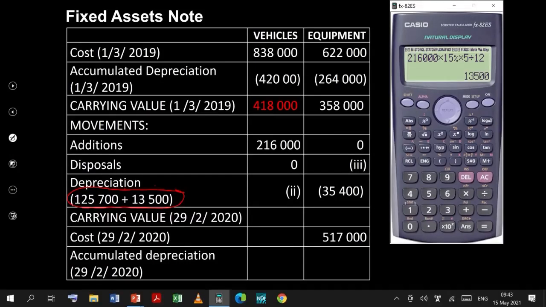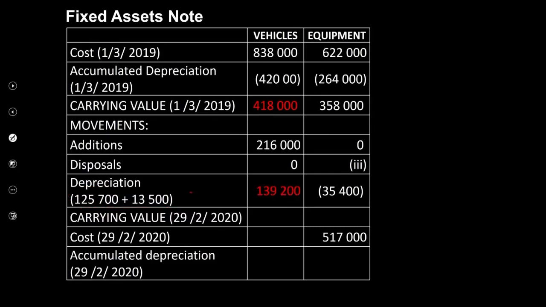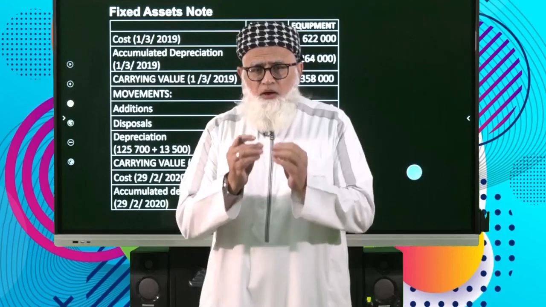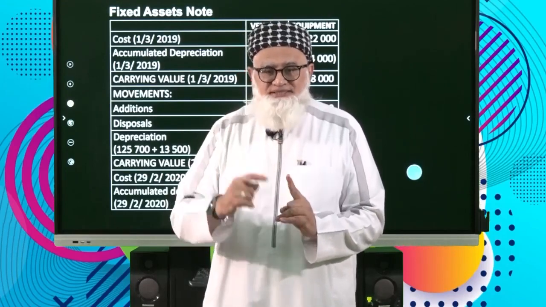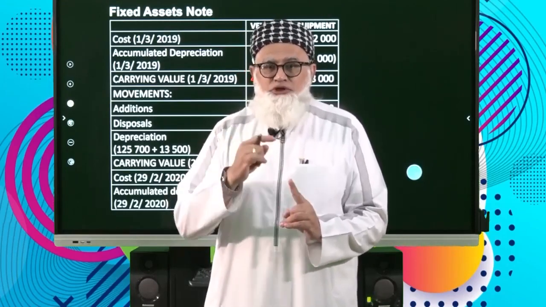Now I got the 13,500 plus 125,700, and this will then give me 139,200, and that's the figure that I'm looking for. Voila, there's my 139,200 in terms of my total depreciation for my vehicles, right? So, what have we seen that was pertinent for us here? Keep your calculations separate for old and new.